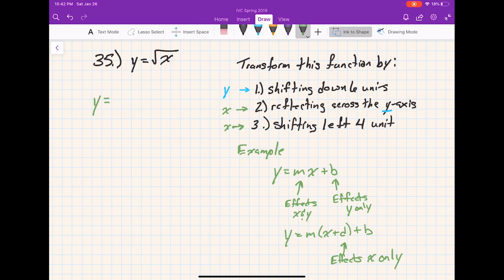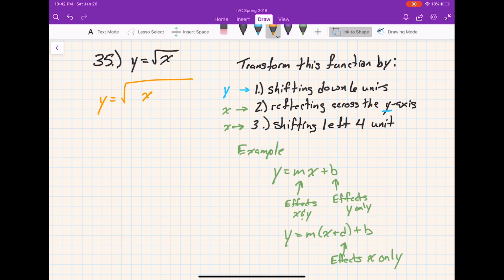So I can rewrite this as y equals the square root, kind of a dramatic radical there, as our teacher would say.